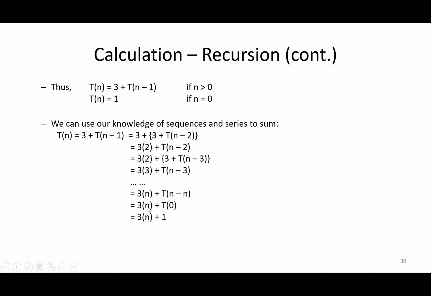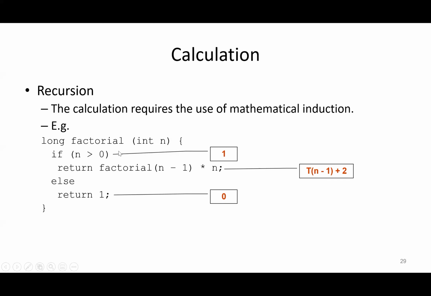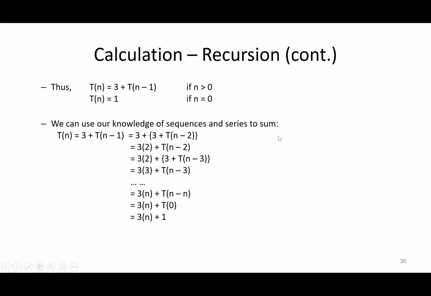You have 3n, or n times of 3. So then finally you get 3n plus 1. This is your time complexity for this factorial function using recursion. So this is how you can calculate the time complexity for a recursive function.